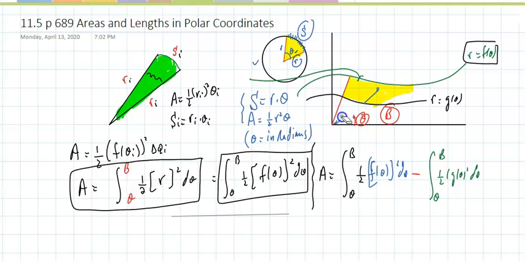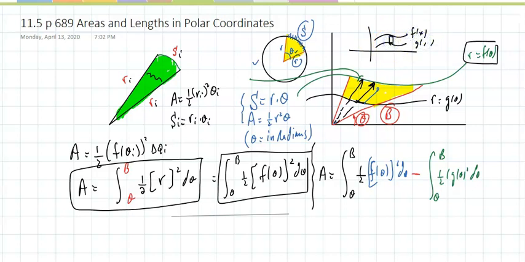So basically, anytime I want to find the area of a polar sector, I run my arrows and simply take tip minus base, just like we did in rectangular. We took the top minus the bottom, remember that? F of x and g of x.